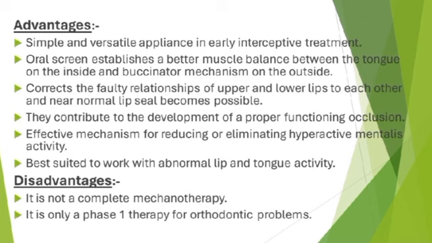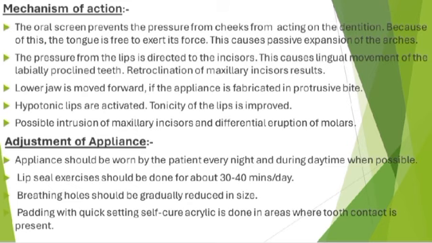Now, let's learn about mechanism of action. The oral screen prevents the pressure from cheeks from acting on the dentition. Because of this, the tongue is free to exert its force. This causes passive expansion of the arches. The pressure from the lips is directed to the incisors. This causes lingual movement of the labial procline teeth.